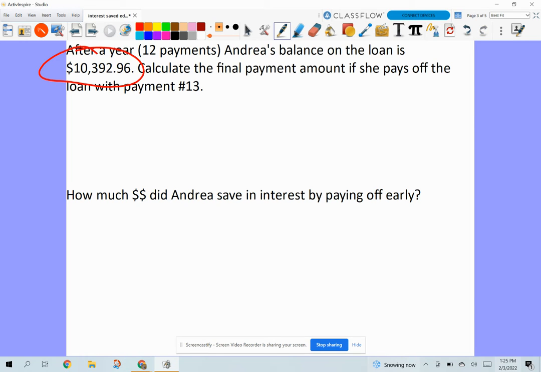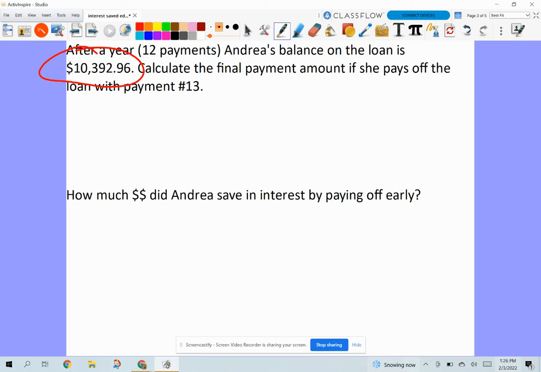You don't have to calculate this. At the end of the first year, she still owes them $10,392.96. Okay, some or all of that is principal, but the bank wants their interest for that last month that she has her loan, because she hasn't made a payment yet.